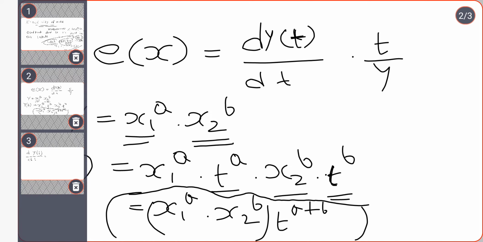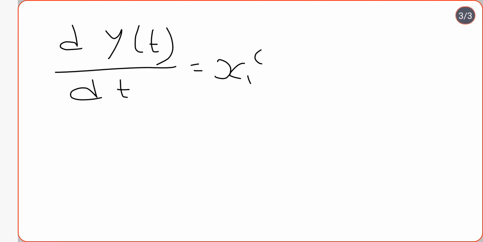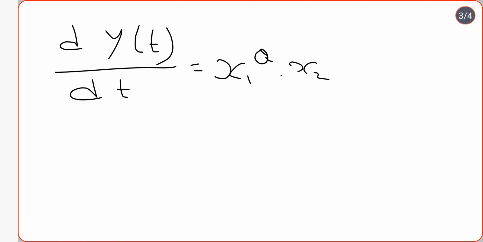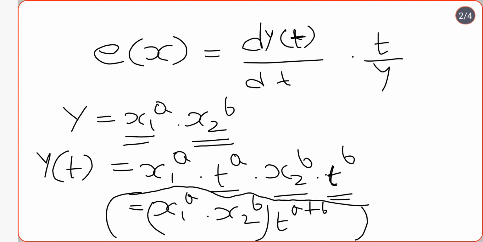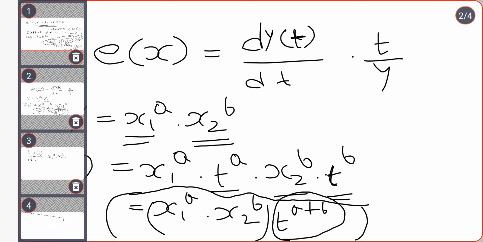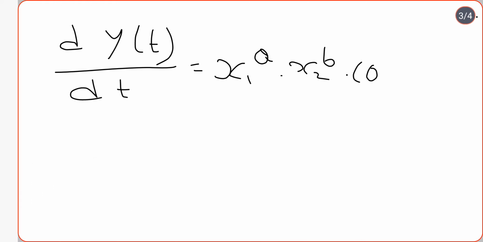So let me write this part at first: x1 to the power a into x2 to the power b. Now for this part, t to the power a plus b, this part will be differentiated with respect to t. So a plus b will come before, and 1 will be subtracted from the power, that will be t to the power a plus b minus 1.